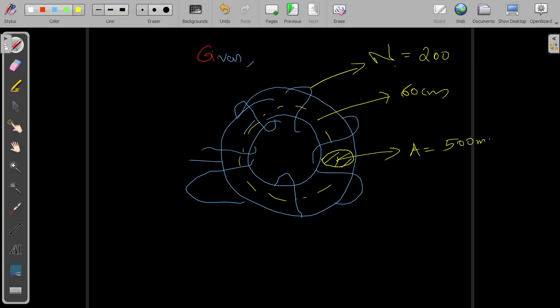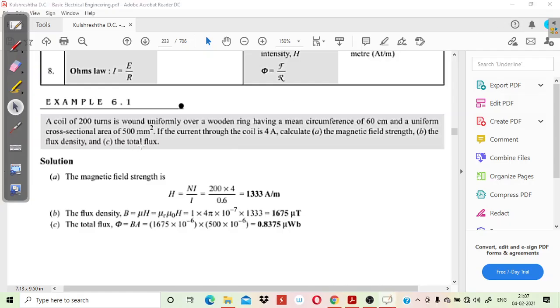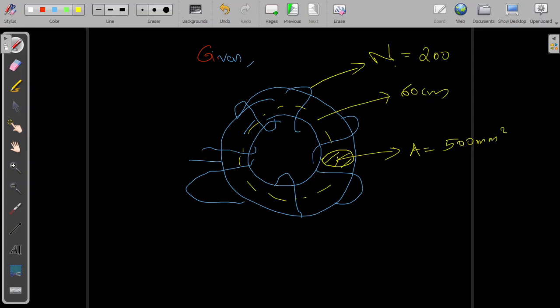The examiner has given that the current through the coil is 4 ampere, flowing in this manner.